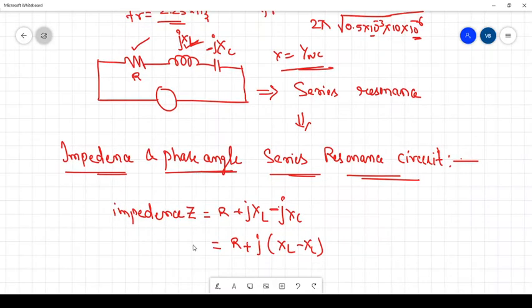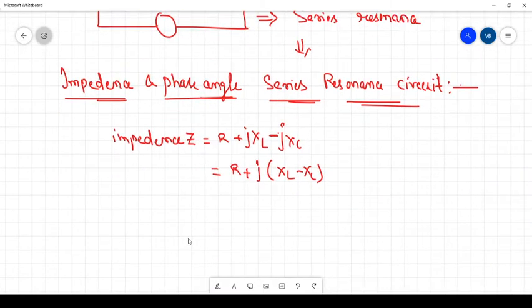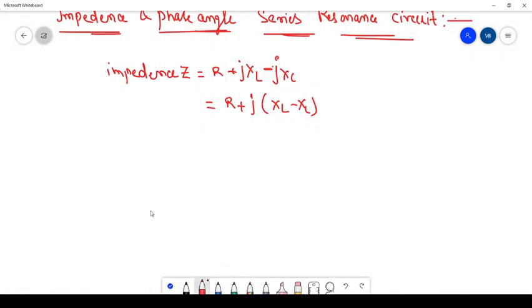Now, to calculate the magnitude, take for example X plus iY. What is the formula for magnitude? It is the square root of the real part squared plus the imaginary part squared. Here X is the real part, so the magnitude is the square root of X squared plus Y squared.